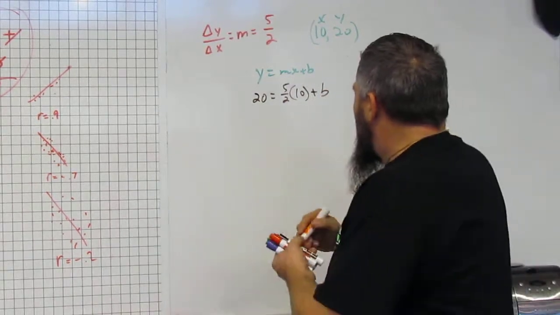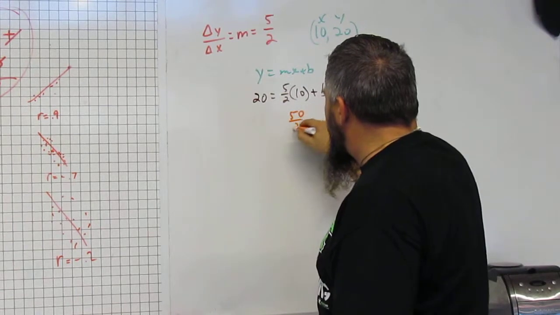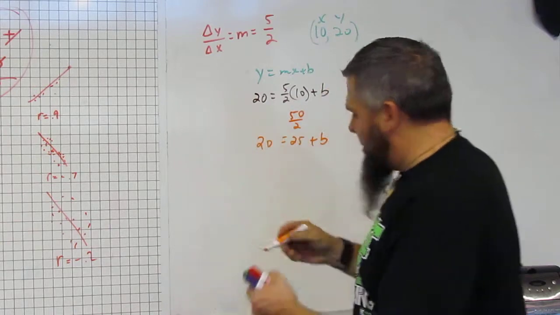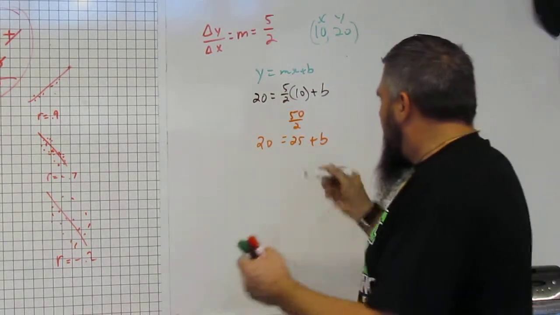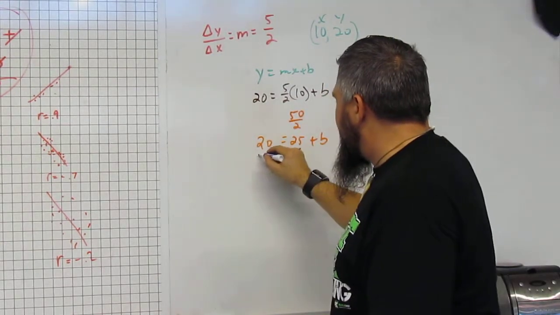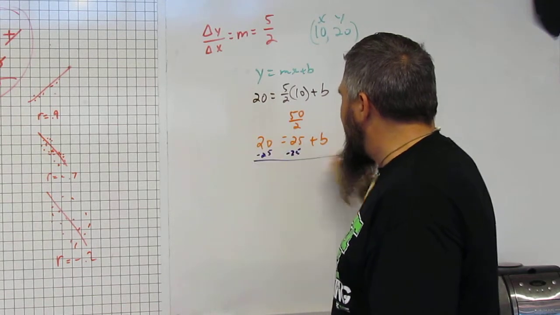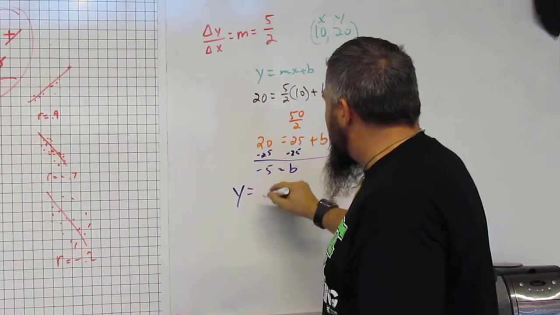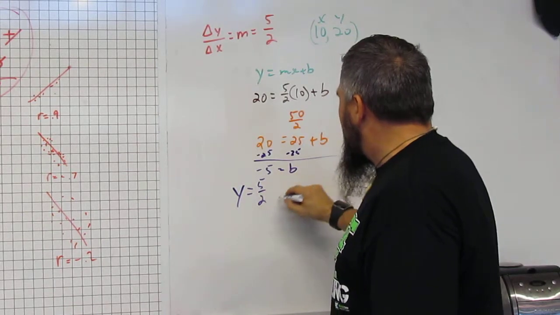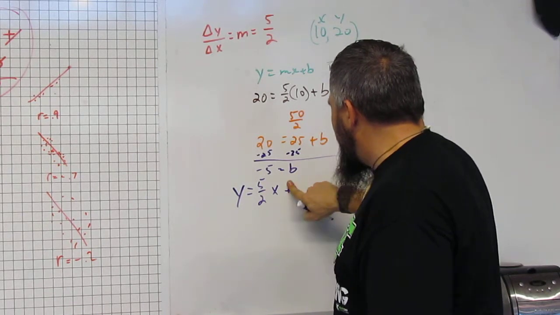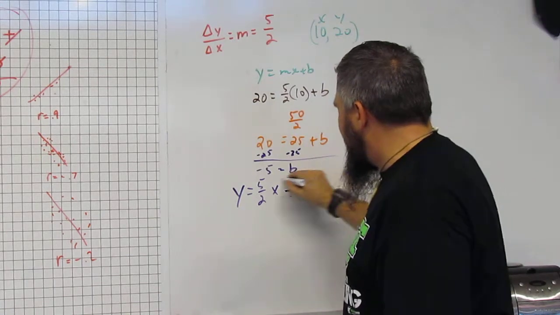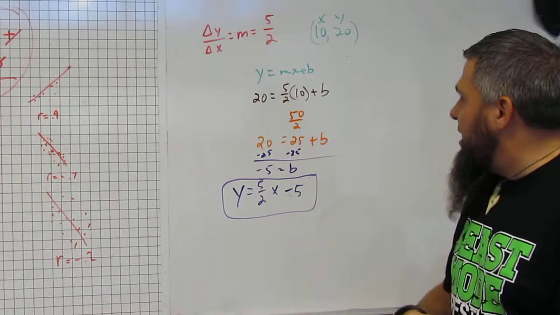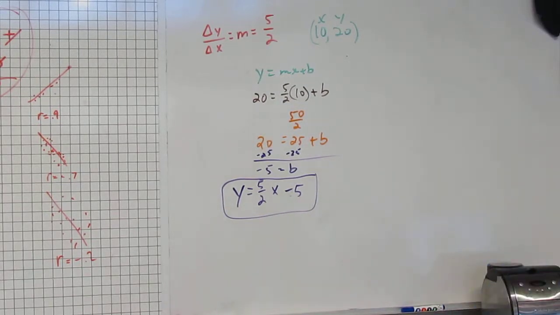That would be 50 over 2, which is 25, plus b is equal to 20. Then subtract 25, and I get negative 5 equals b. So y is equal to 5/2 x minus 5. And that's how you would find the equation for the line of best fit.